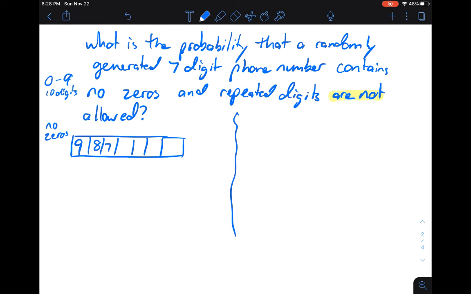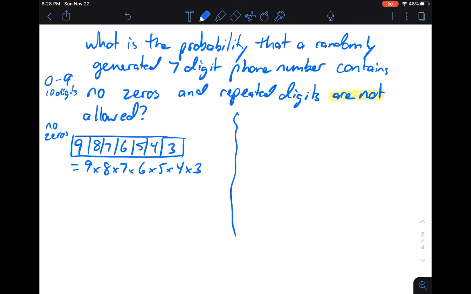So there's 7 that are allowed here, and then the next one would have 6 allowable ones, 5, 4, and 3. And if you work this all out, this ends up being 9 times 8 times 7 times 6 times 5 times 4 times 3.